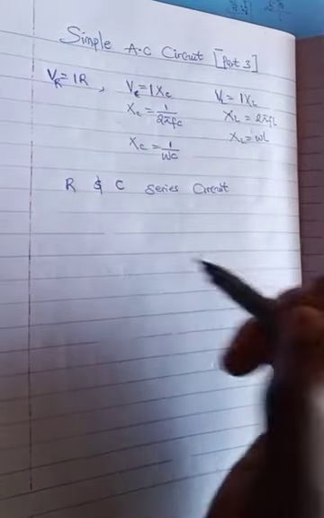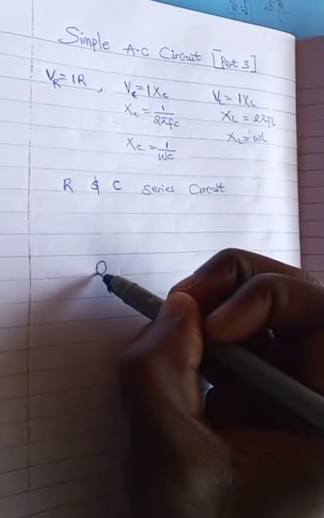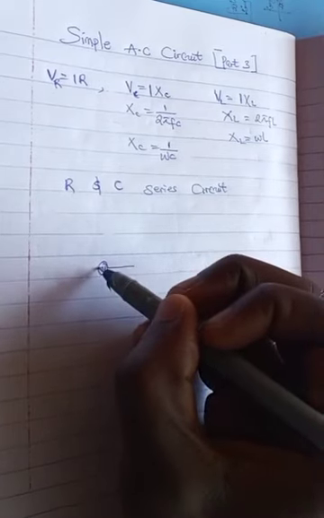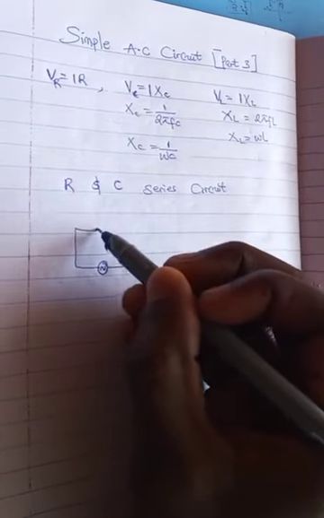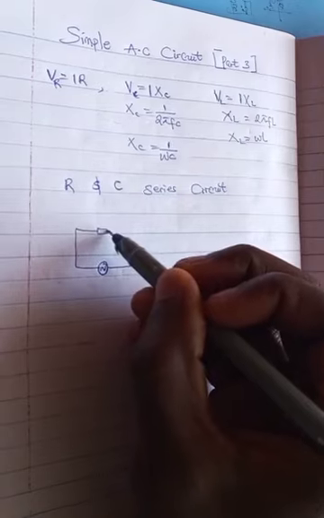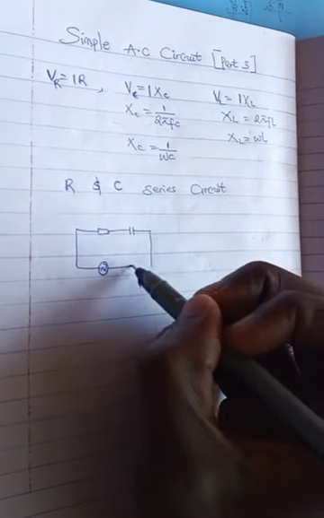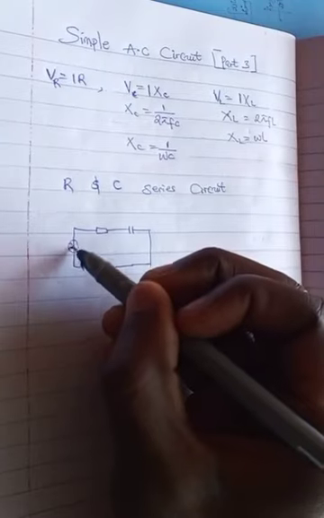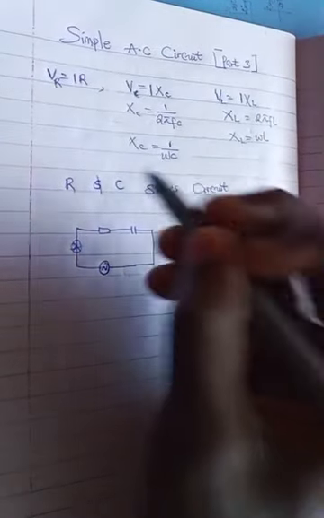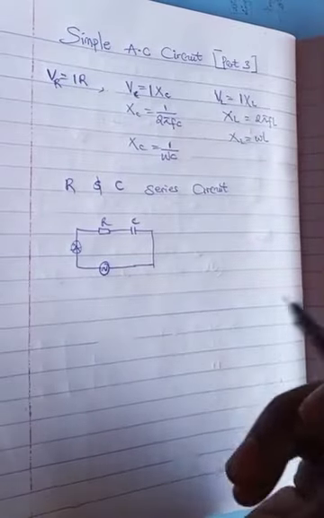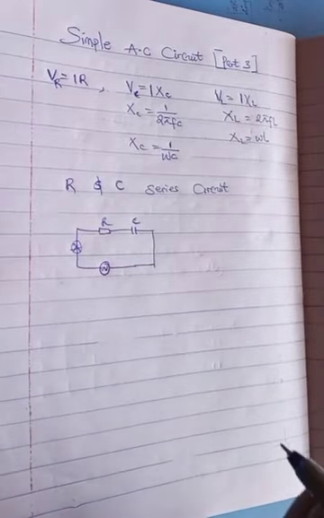Let's say we have a circuit of an alternating current, such that in this circuit we have a resistor and a capacitor connected in series. You can try to put your ammeter here. This is our R and this is C. They are both in series.